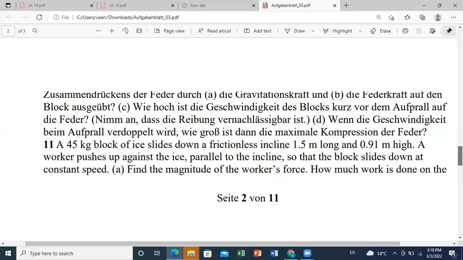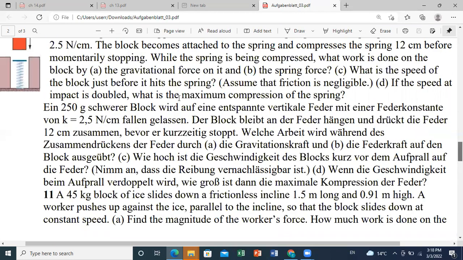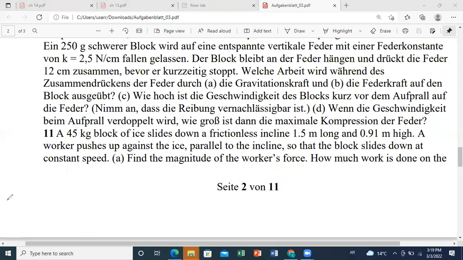So what we know is the mass first of the block, 45 kilograms. So the weight is equal to 450 Newton. Concerning the incline, it's frictionless. This means that no friction force.